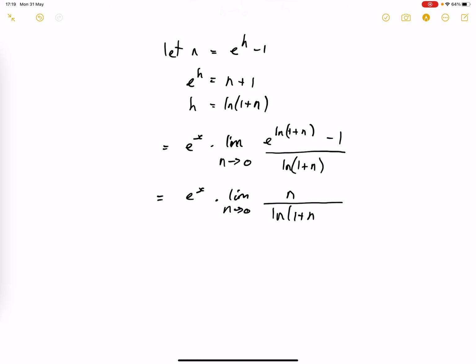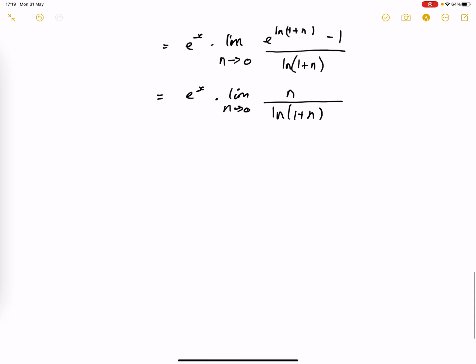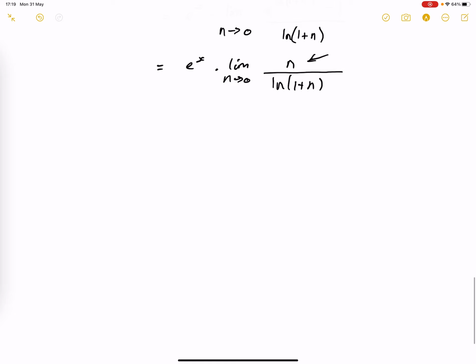And what we're going to do now is take that n to the denominator, saying that if we divide by a fraction, it comes up on the numerator. So e to the x times the limit as n tends to 0 of 1 over n, I'm writing out the denominator first, times the ln of 1 plus n.